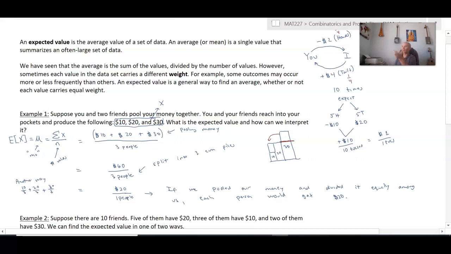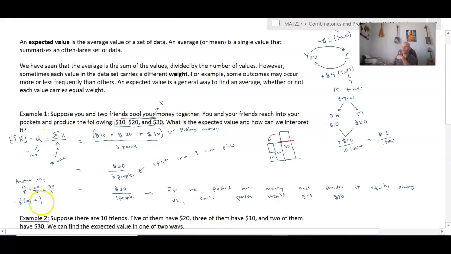Okay, now why would I write it that way? Well, I am actually going to convince you that these 3 values have equal weights. In fact, taking 10 divided by 3, and then you can think common denominators here. Normally we would take these 3 fractions and combine them into 1 by adding the numerators since they have common denominators. But I'm going to write it as 1/3 times 10. 10 divided by 3 is the same thing as saying what's 1/3 of 10?